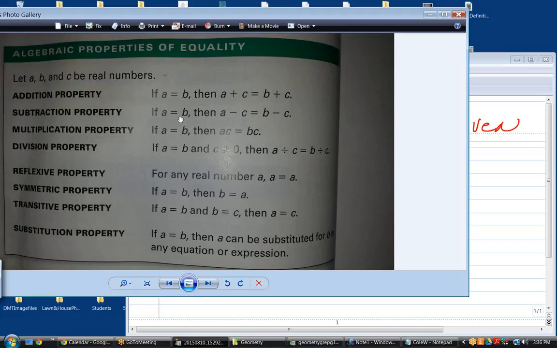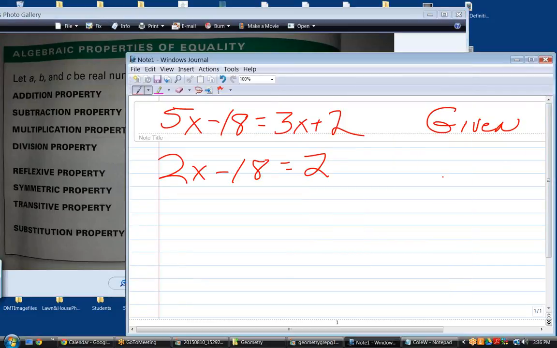It says if A is equal to B, then I can subtract any number I want from A as long as I do the same thing to B. So if I'm rationalizing that, I have to give the reason. What's difficult about proofs is you have to give the reason for being able to do something. So I would say that is the subtraction property of equalities.